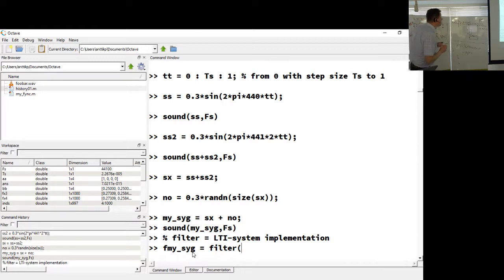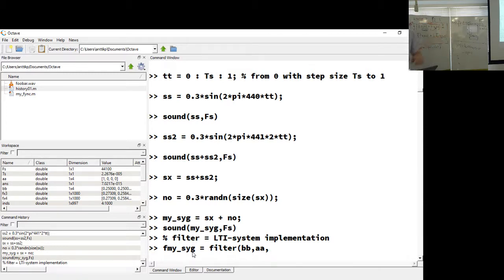Did I save those filter coefficients somewhere? Okay, BB and AA. Yes, I did. Good. System coefficients in this order: BB, AA. By the way, when I called this function to calculate the zeros and poles, it's always the BB coefficients first and then the AA coefficients. So input coefficients are called BB, output coefficients AA.